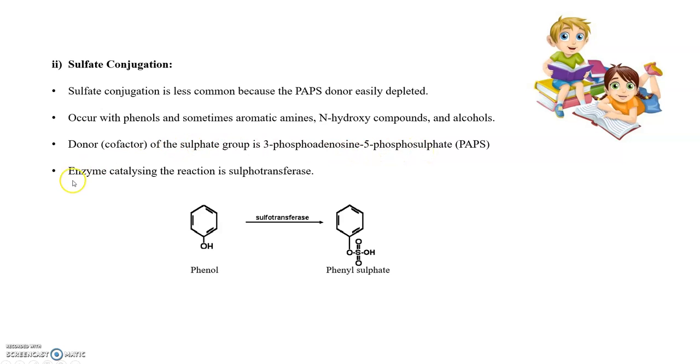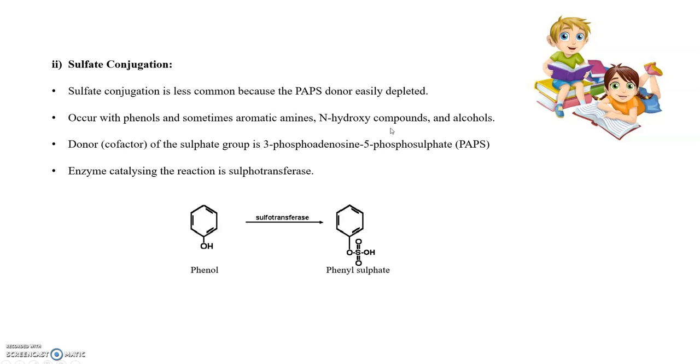And who is helping this reaction? That is the enzyme sulfotransferase. Sulfate group conjugated, so sulfotransferase. Who is undergoing this reaction? It can occur with phenols or aromatic amines or N-hydroxy compounds or alcohols. Any of these groups can undergo this sulfate conjugation.